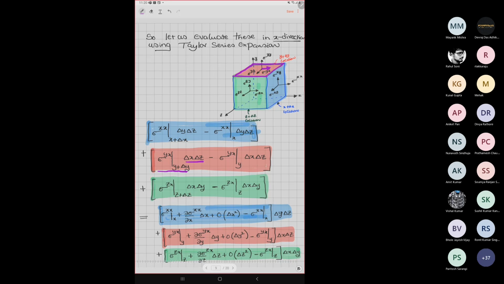Minus, the bottom of that floor also has a red color kind of surface. So that is sigma yx acting at y location, multiplied by the surface whose normal is in the y direction, so the surface is delta x delta z.